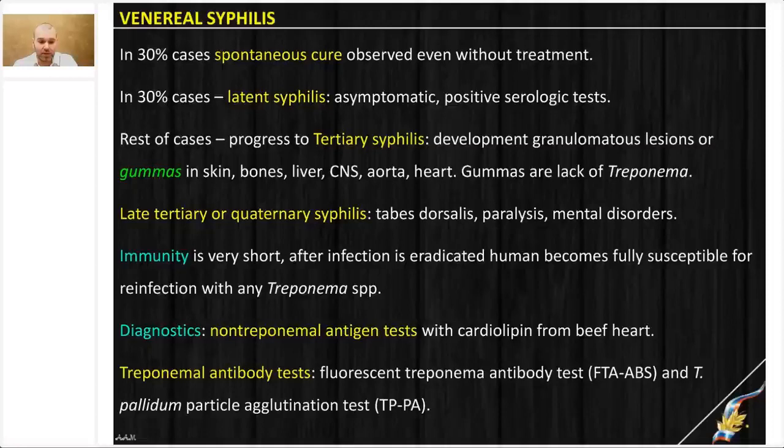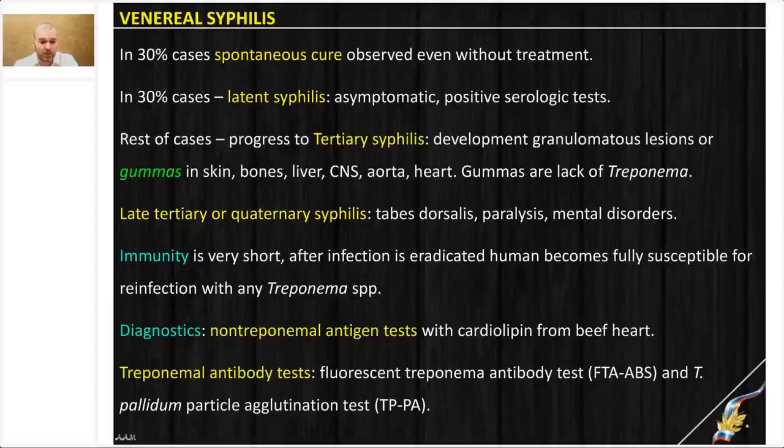But the cardiolipin does not belong to treponema, and actually it will not identify treponema directly. The antigen can be observed even in humans. And the test is usually used as a screening test to remove negative people, because if the test is negative, it is negative for sure. We have only false positive results.